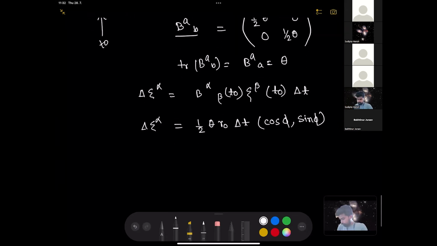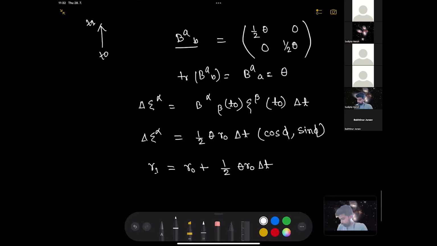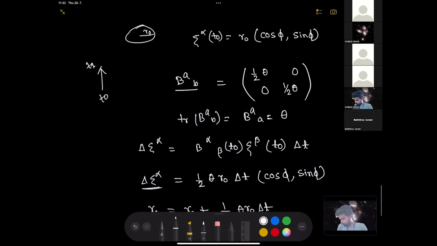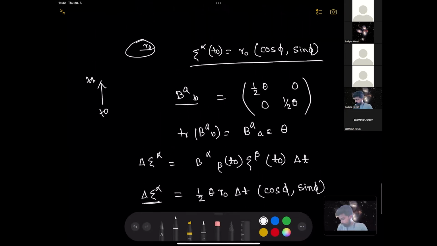So this basically tells us that we'll have a new circle with radius R1 equal to R0 plus half theta R0 delta t. This is the change in radius, and we already have the initial radius.